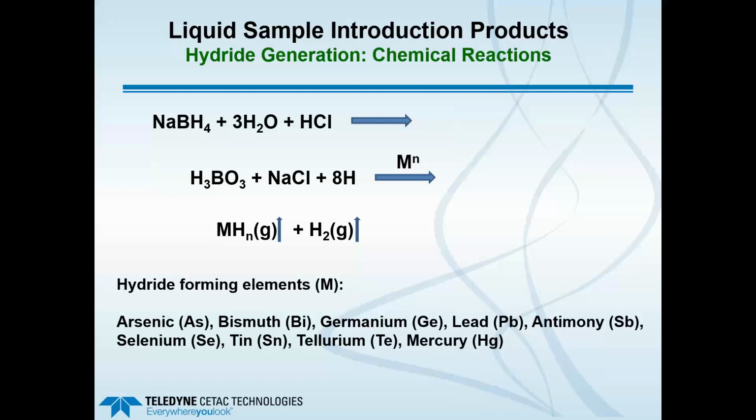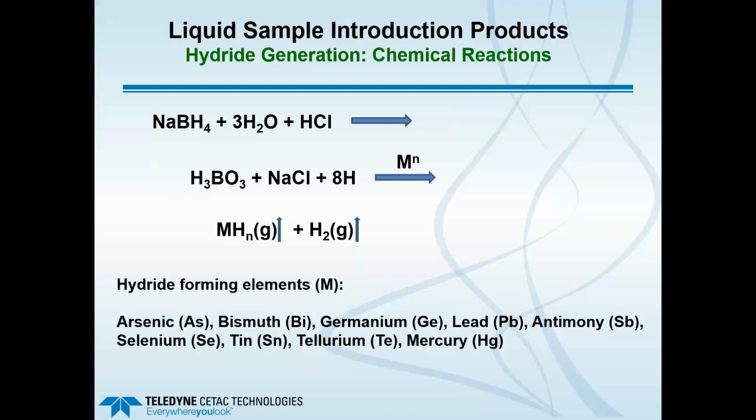At the very bottom of the slide, you see a list of elements that can form a volatile hydride. Now, these will not all form under the general same conditions. However, we are going to focus on some of the more common ones, namely arsenic, antimony, and selenium for the hydride reaction.